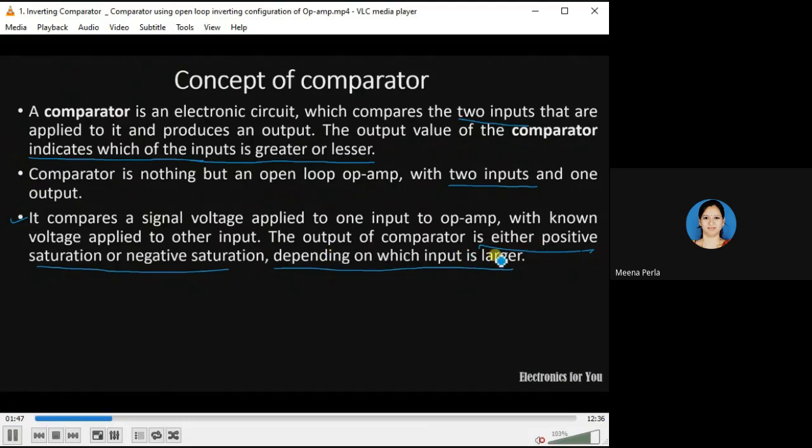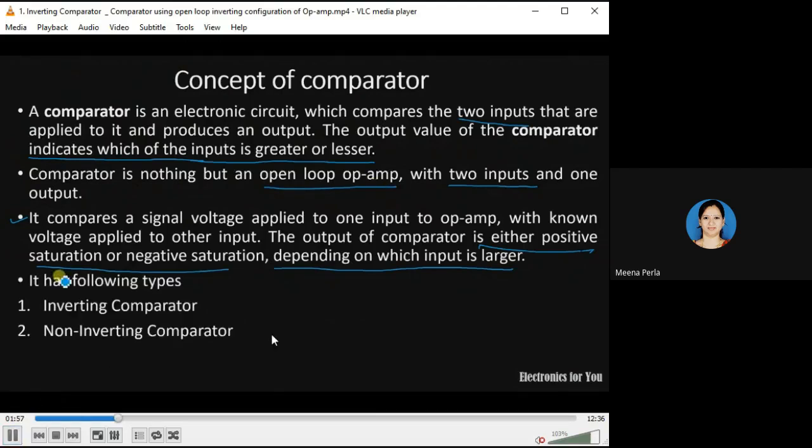Okay, so comparators are of two types: the inverting comparator and the non-inverting comparator. So what is this inverting comparator that we are going to see right now?